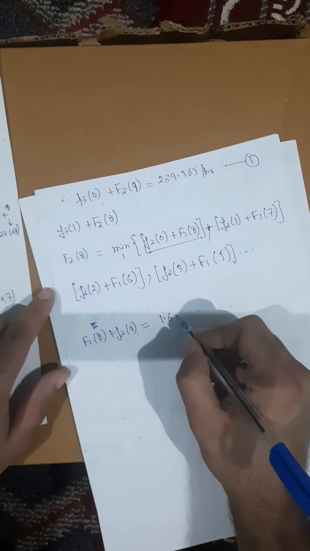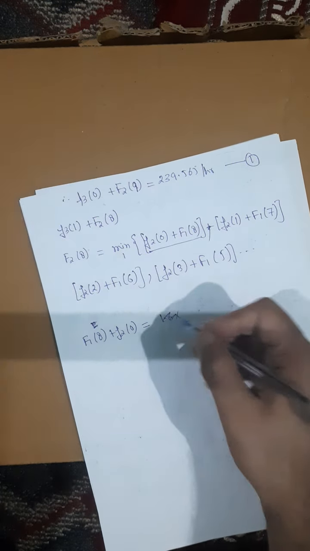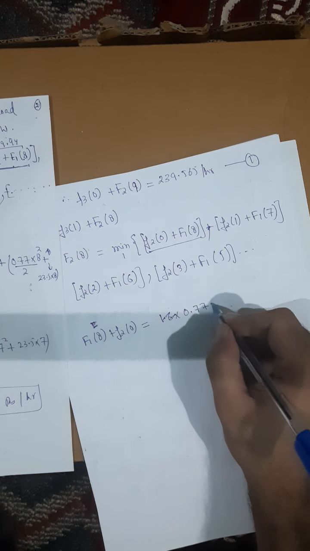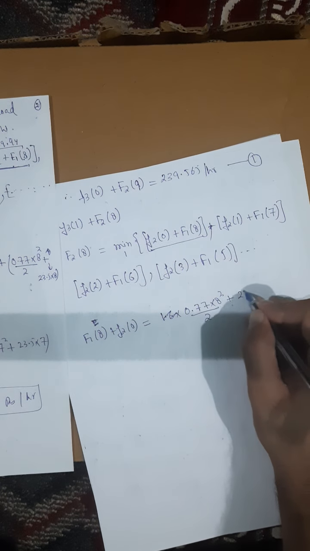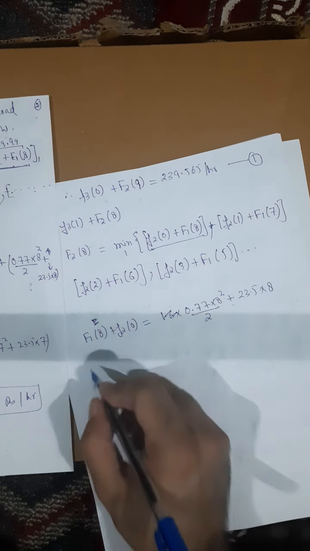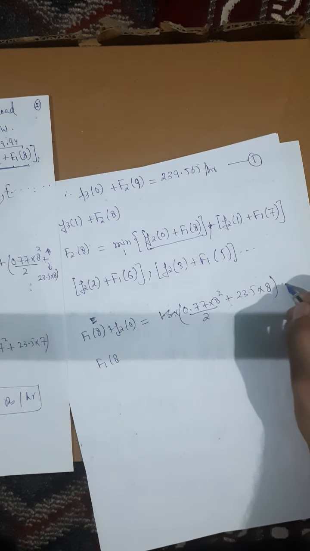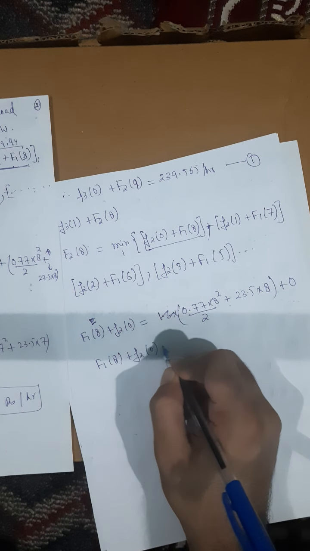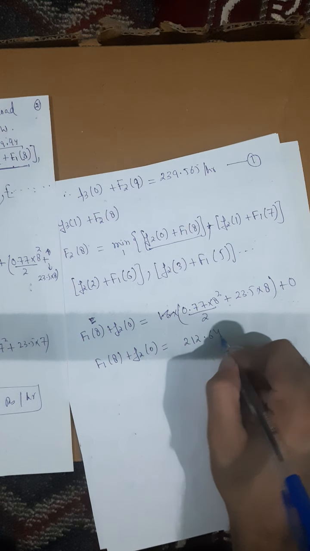F18 is 0.77 into 8 square divided by 2, plus 23.5 multiplied by 8. Because F20 is 0, it will be plus 0. So F18 plus F20 will be 212.64.